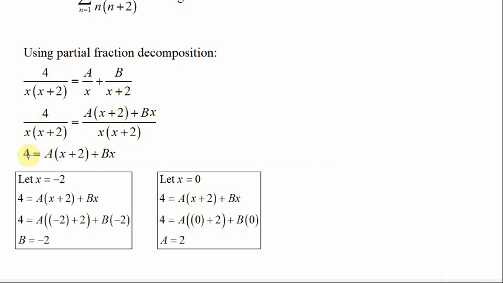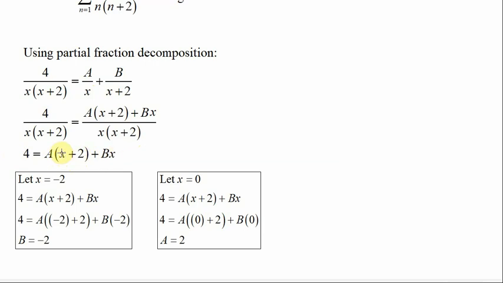From here we get 4 is equal to constant a times x plus 2 plus constant b times x. And this equation here is true for all x.